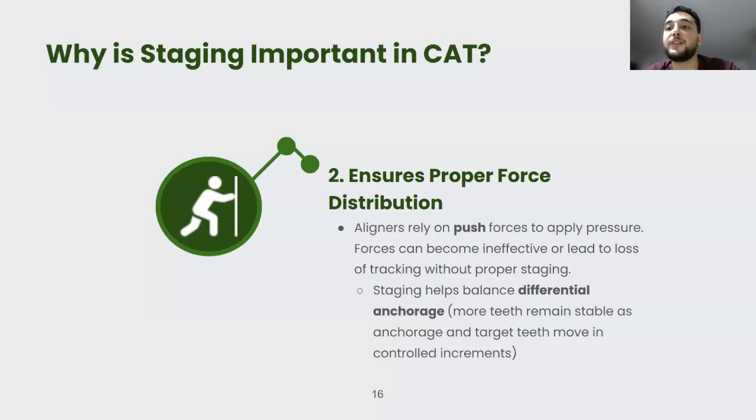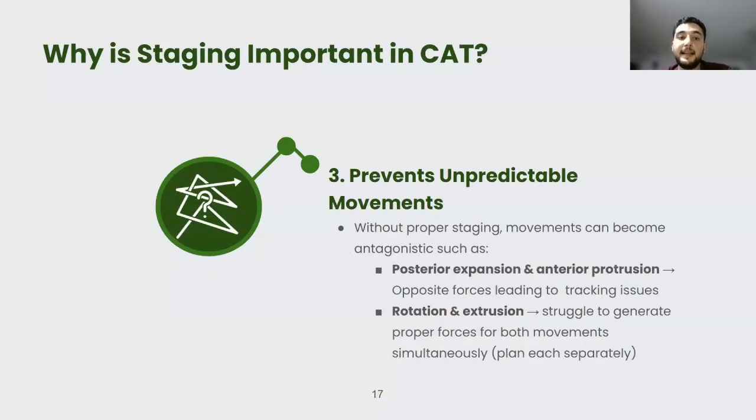But whenever these are unfavorable or contrasting motions against each other, we're not going to have enough anchorage to apply the movement. So we need more teeth to remain stable as anchorage, and we need to target the movement on certain teeth in controlled increments.